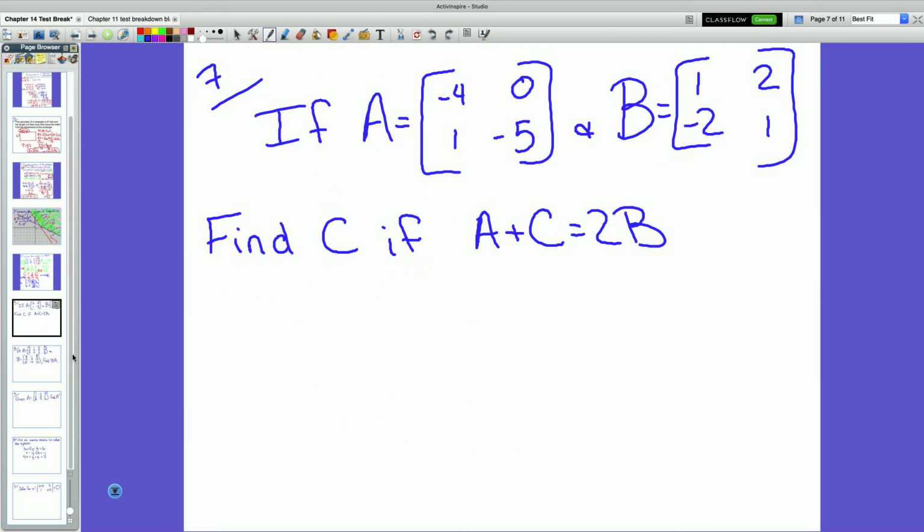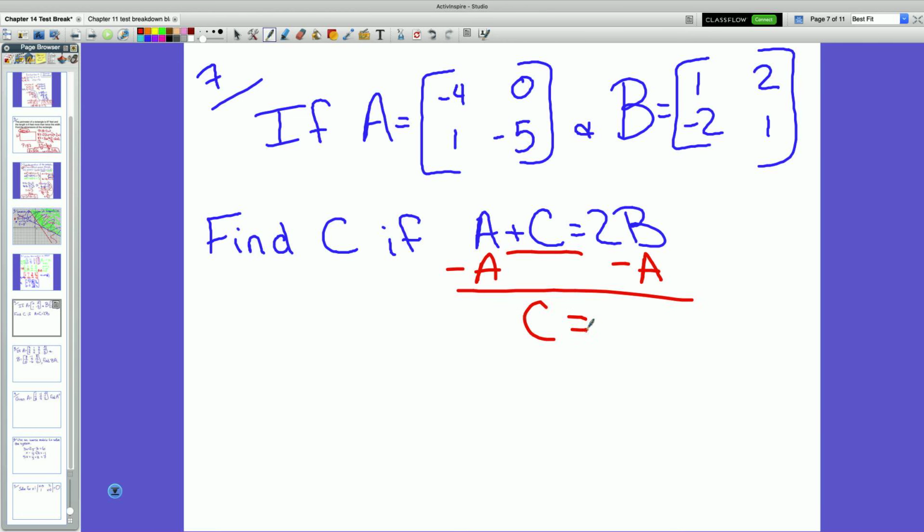Problem 7 on your test says: if A is that and B is that, find C if A plus C is equal to 2B. So essentially this is matrix operations. The first step I would do is get C in my equation by itself, so subtract A from both sides.